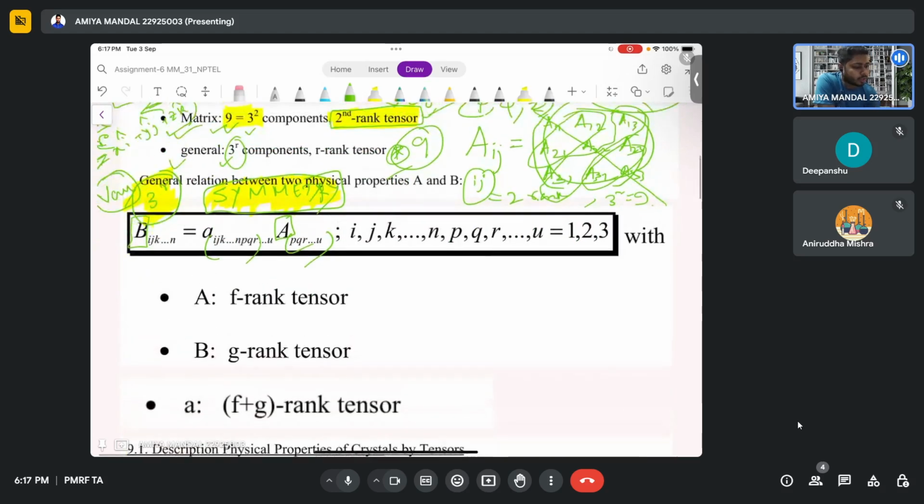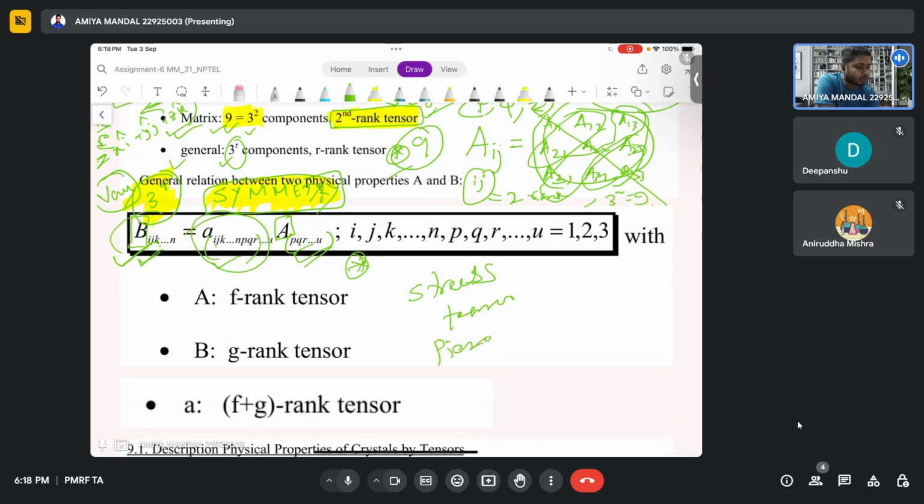So here is an example. You can see B_ijk...n equal to the multiplication of A_ijk...n and P_qr...t, which is also a multiplication of two tensors. It is also shown here. We will see later the stress tensor and the piezoelectric tensor.